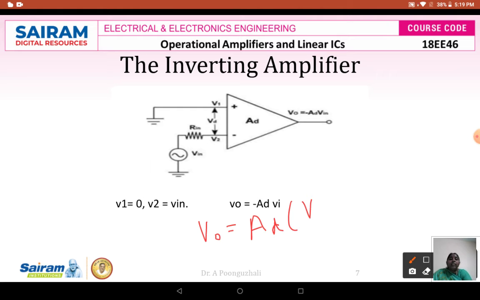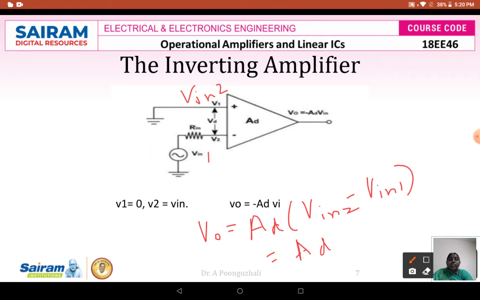In this case, the voltage at the non-inverting terminal is going to be 0. So V1 is going to be 0, and V2 is going to be V in.